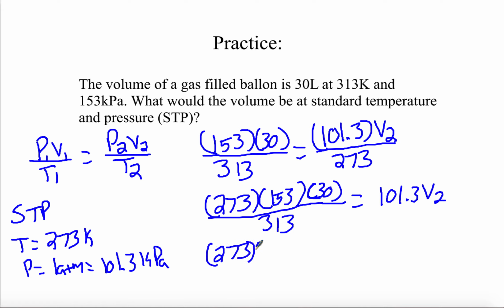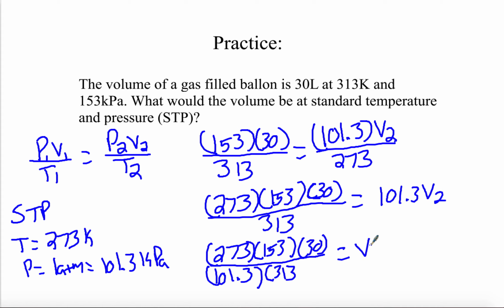So the numerator looks like 153 times 273 times 30, divided by 101.3 times 313. This is just a super put-together way to solve for it; you're welcome to solve however you like. V2 ends up equaling 39.5 liters.